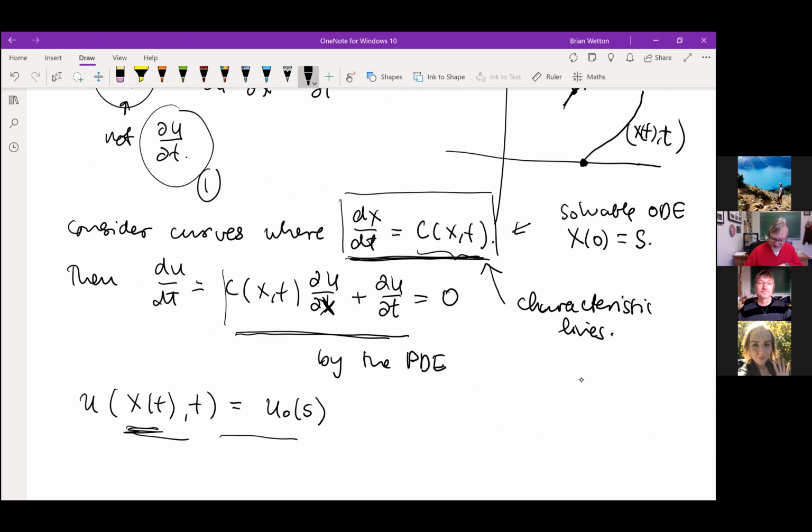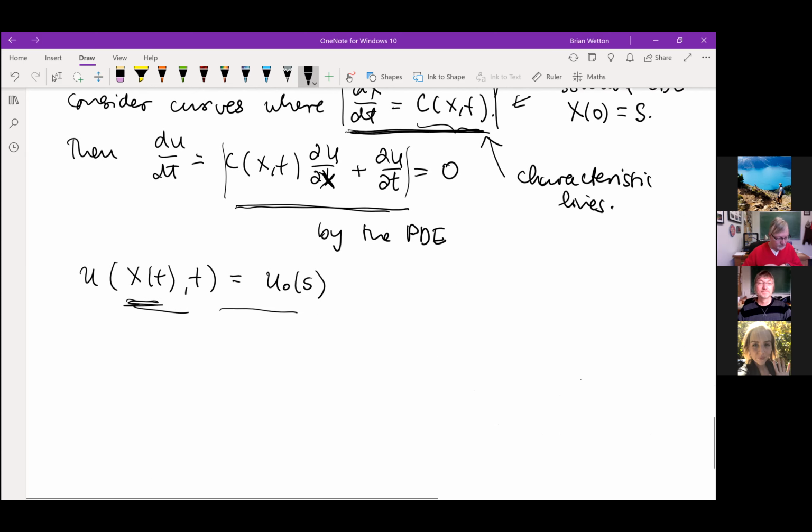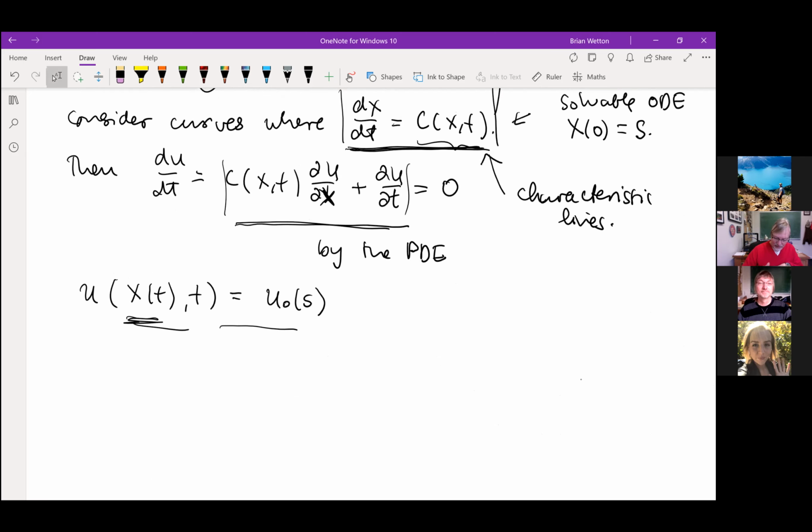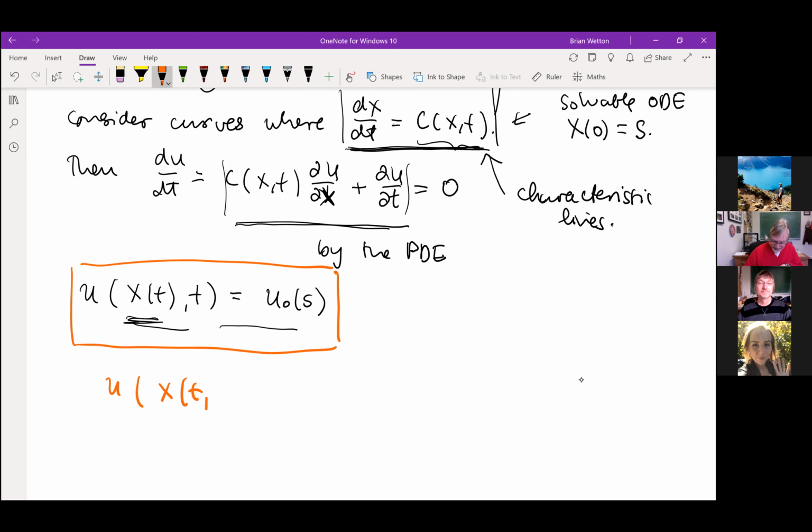Here, the ordinary differential equation is very easy. It's du dt is 0, okay? But in general, we can have a little bit more complicated behavior. Anyway, this is the form of the solution that comes out, right? And if I wrote it in a little bit more detail, remember all of these characteristics start somewhere.